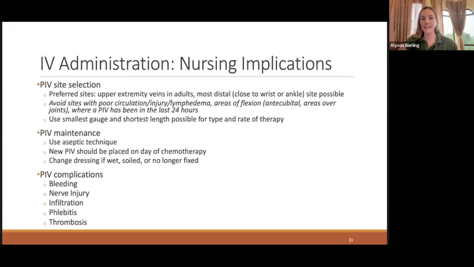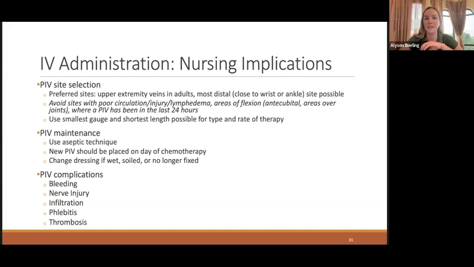Moving on to intravenous administration, some nursing implications for this route. One really important thing to mention is the PIV site selection. Ideally, an IV that's going to be used for chemotherapy administration would be placed in the upper extremity veins in adults, so not in the lower limbs, not in the legs.